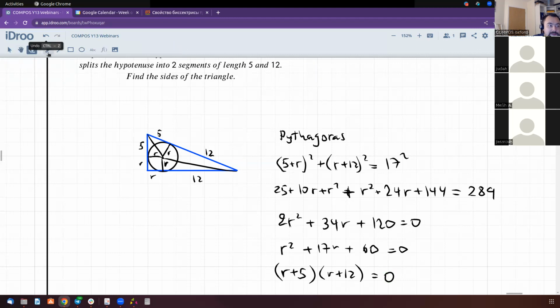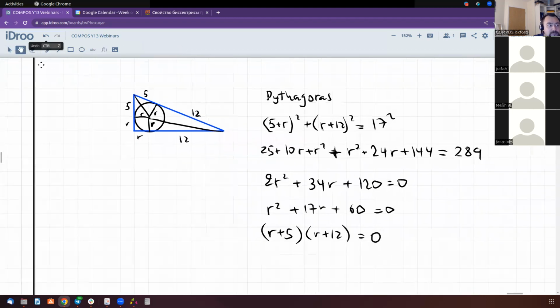So R equals 5, R equals 12. It must be minus 120. What am I doing? Minus 60. So, okay, that makes more sense.